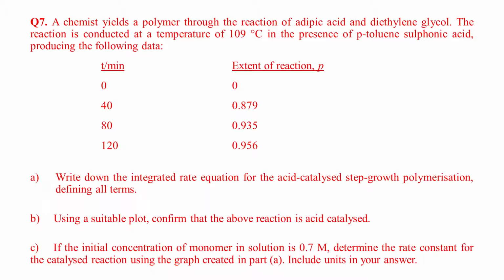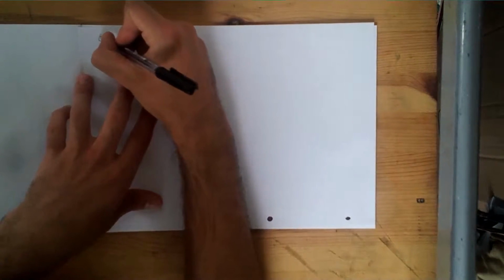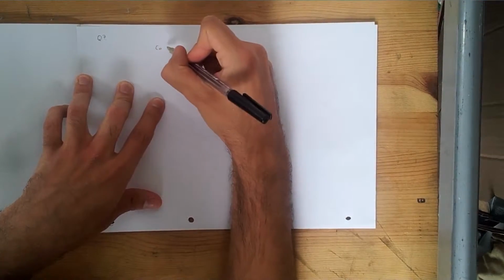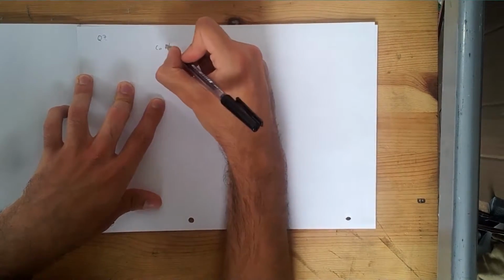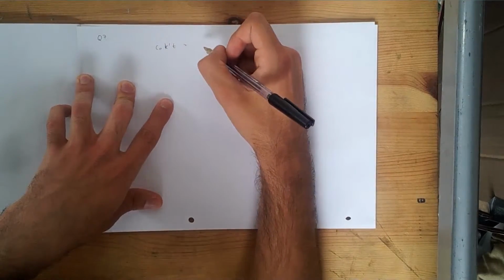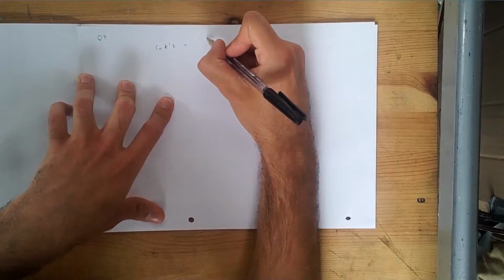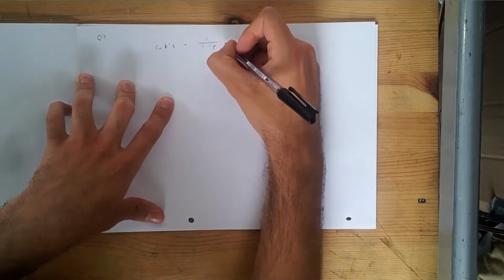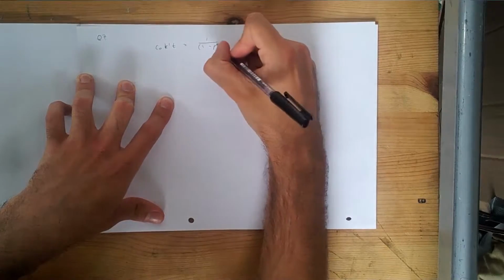So this is simply C0 k prime, that's small k, t equals 1 over 1 minus p, and that is minus 1.